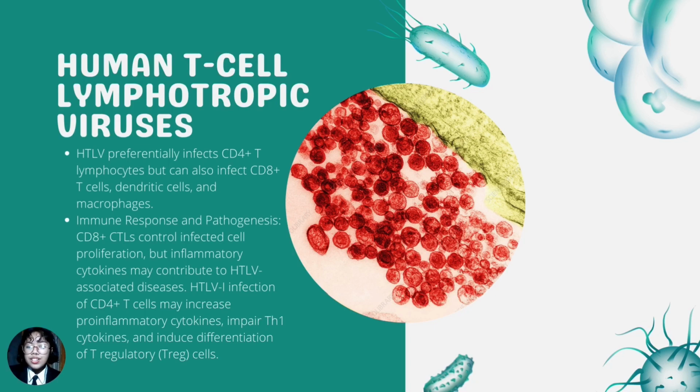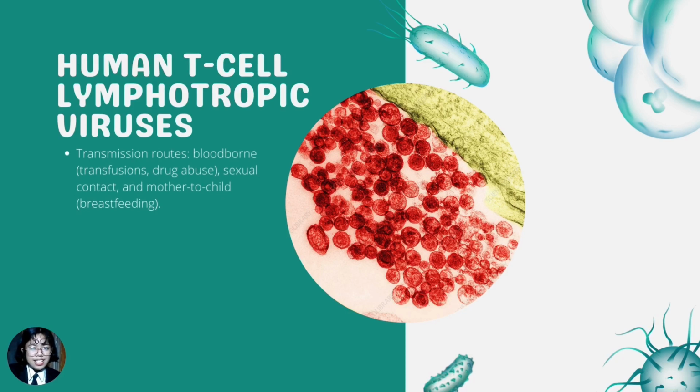In addition, researchers have reported that HTLV-1 infection of CD4+ T cells can increase production of pro-inflammatory cytokines, impair production of Th1 cytokines necessary for cell-mediated immunity, and induce differentiation of T regulatory cells. The differentiated T regulatory cells can facilitate viral persistence by suppressing the host's immune response.